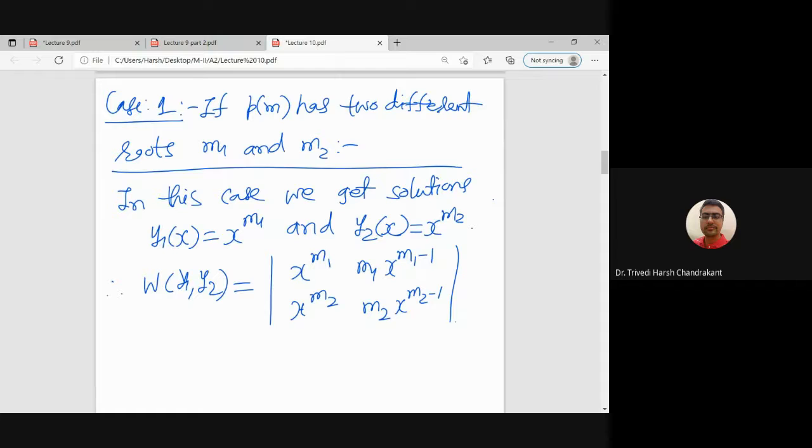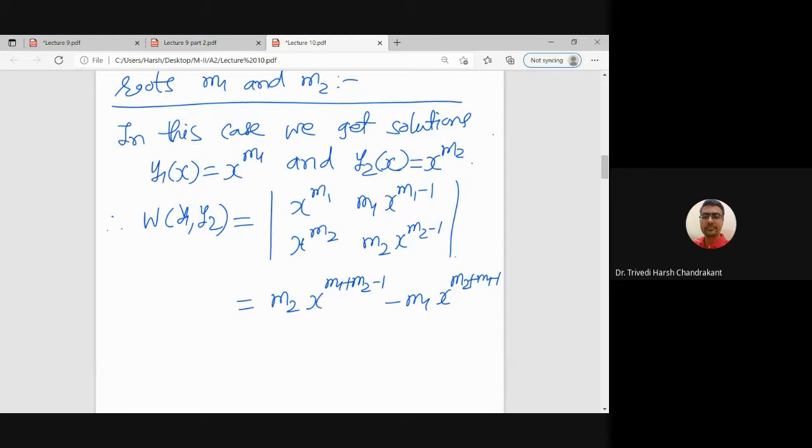Now whenever we find this determinant, it will be m2 times x power m1 into x power m2 minus 1, that is x power m1 plus m2 minus 1, minus the second term, m1 times x power m2 into x power m1 minus 1, that is x power m2 plus m1 minus 1. So this term is common, and essentially we'll get m2 minus m1 into x power m1 plus m2 minus 1.